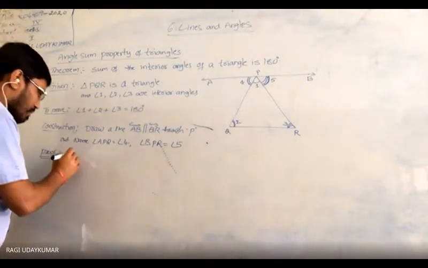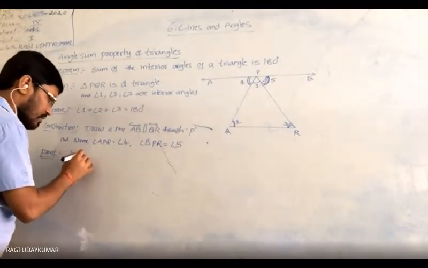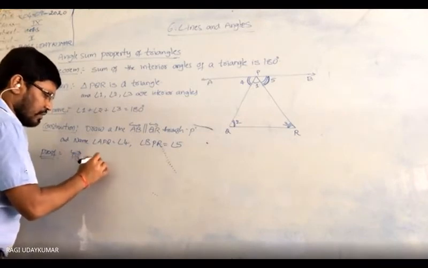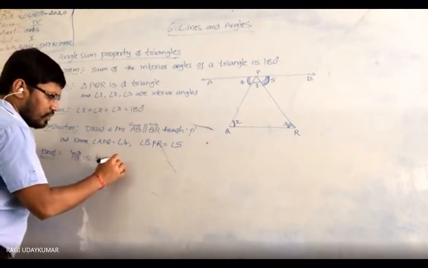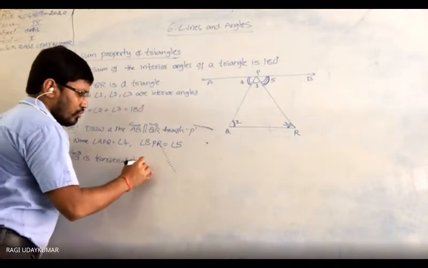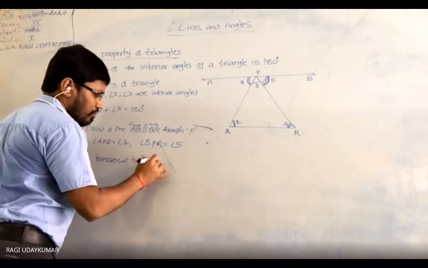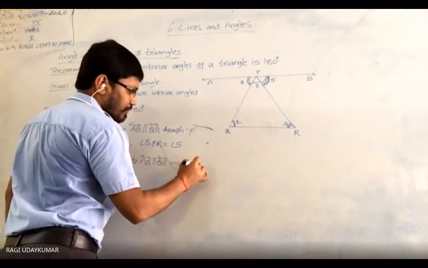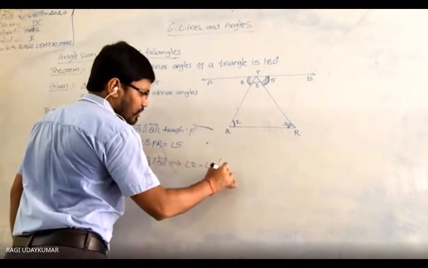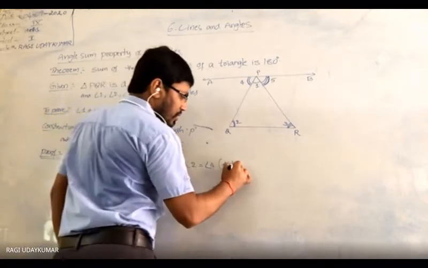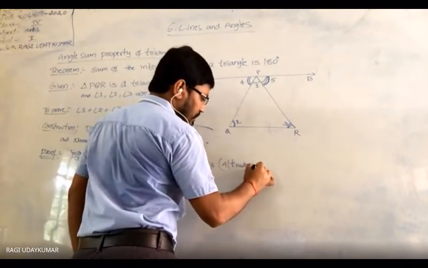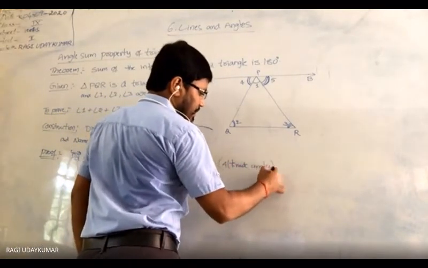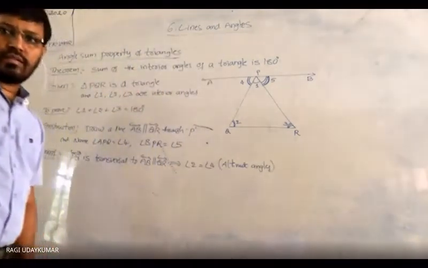As PQ is a transversal to AB parallel to QR, this implies angle 2 is equal to angle 4 because they are alternate angles.